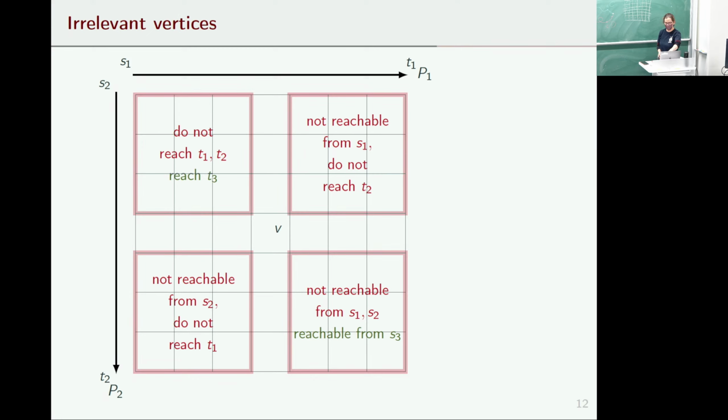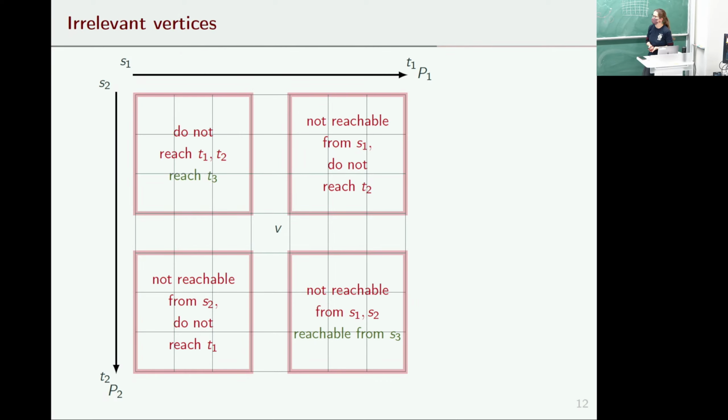So I know that they do reach T3. And for similar reasons, I know that in the bottom here, all the 1s in here are reachable from S3. And then I have certain non-reachabilities for the other 2. I know that I'm not reachable from S1 in the top right corner, and I do not reach T2. And the other way around in the bottom left quadrant.